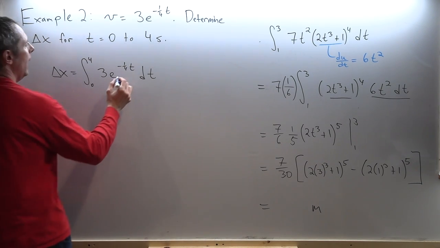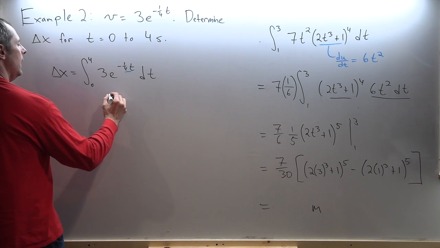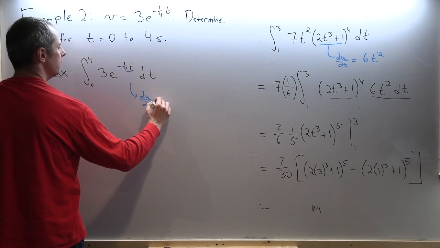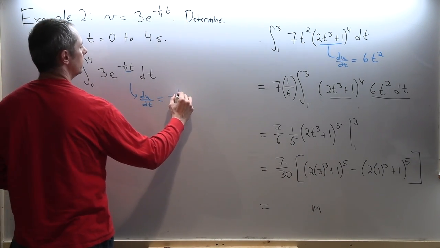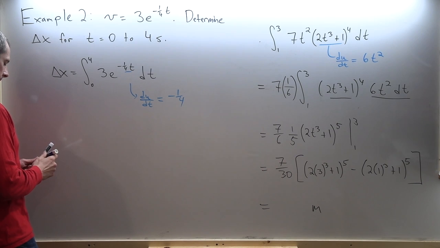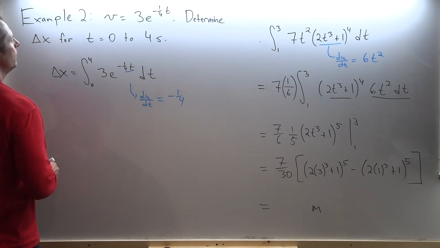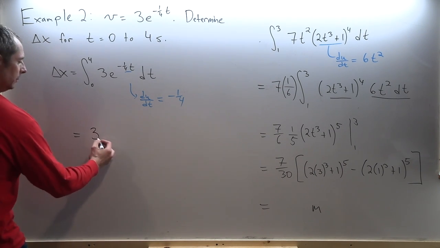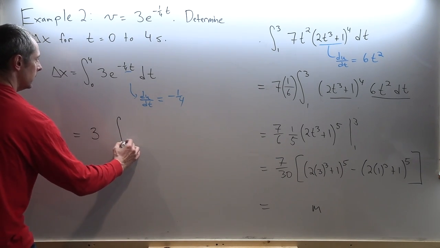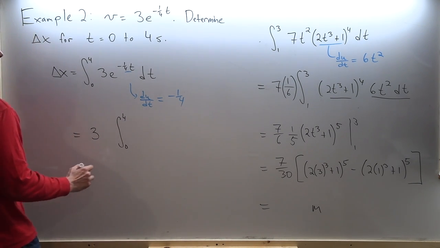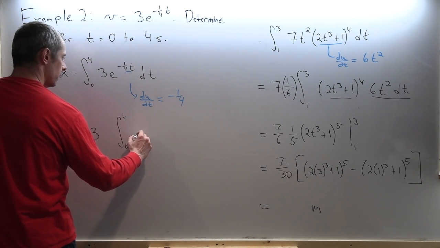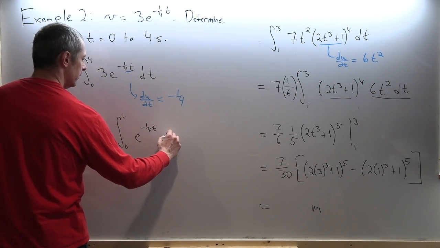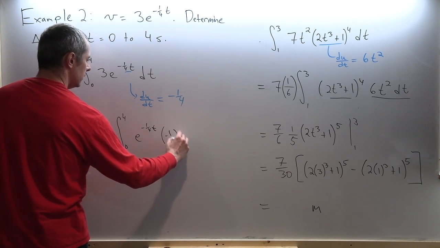So I can call this u. And so du dt is negative 1/4. So that means if I do this, I'm going to leave a little space here and say e to the negative 1/4 t times negative 1/4 dt.